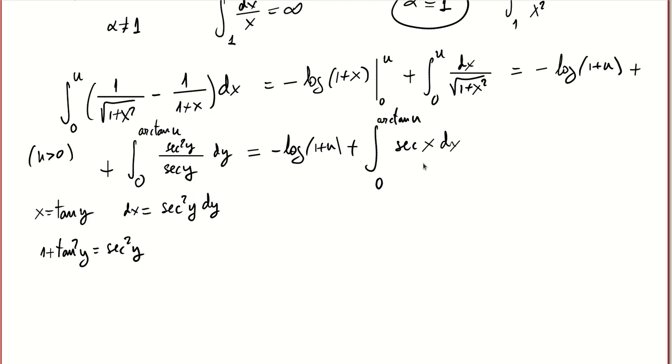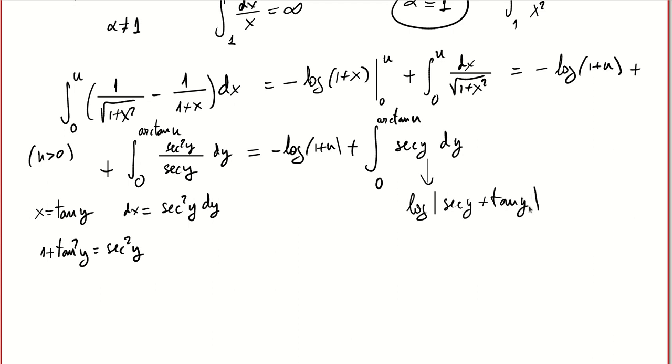Well, remember the integral of the secant is the logarithm of the secant plus the tangent, all right? By the way, I'm using y all the time, so let's keep it to y. It doesn't matter much because we're integrating over this variable, but just to avoid confusion, it must be y here and y here.